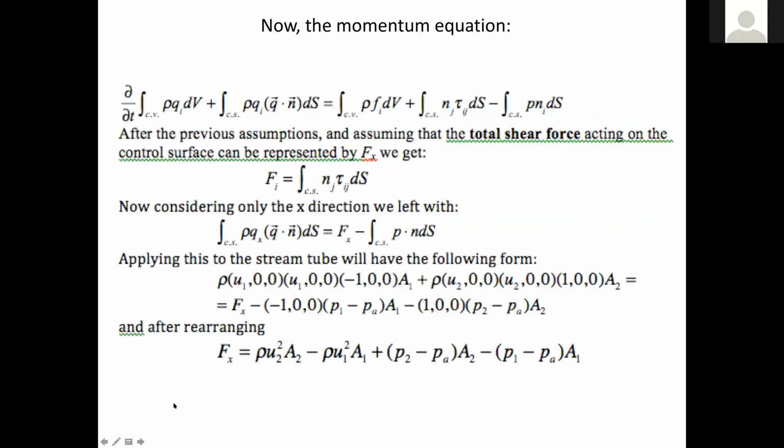Okay, we cross this term, and then we cross this term because we say everything is horizontal. Then we have the shear, the pressure, and then we would like to somehow do something with this one, which is going to be more friendly.